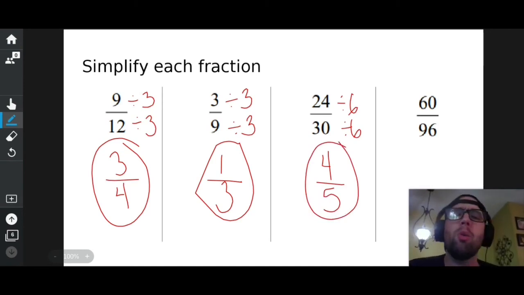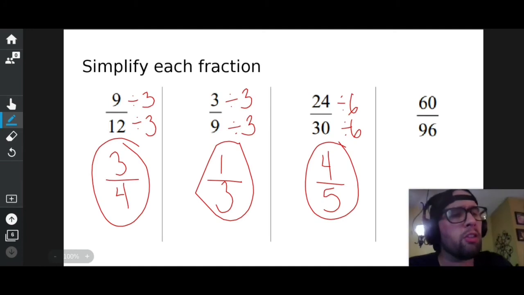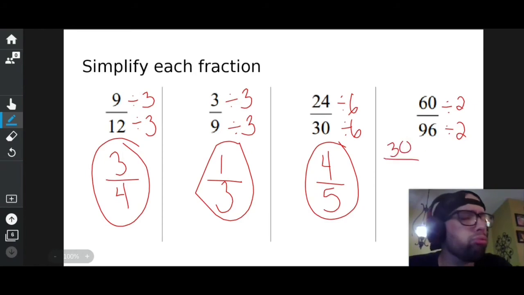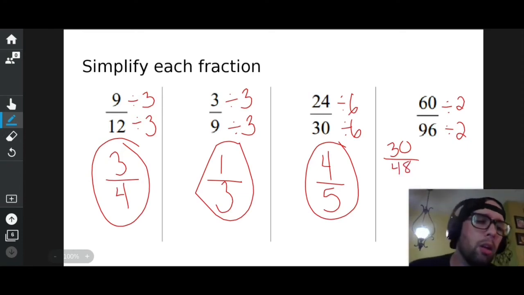Now, I keep saying stuff like, oh, I can't go any further. What does that mean? What if you're not thinking? And you look at this and say, I can divide, I don't know, let's just divide it by 2 and see what happens, because they're both even. Divide by 2, divide by 2. You'll get 30 over 48. I have to think about that one. Now, you might also notice that you could still divide even further.